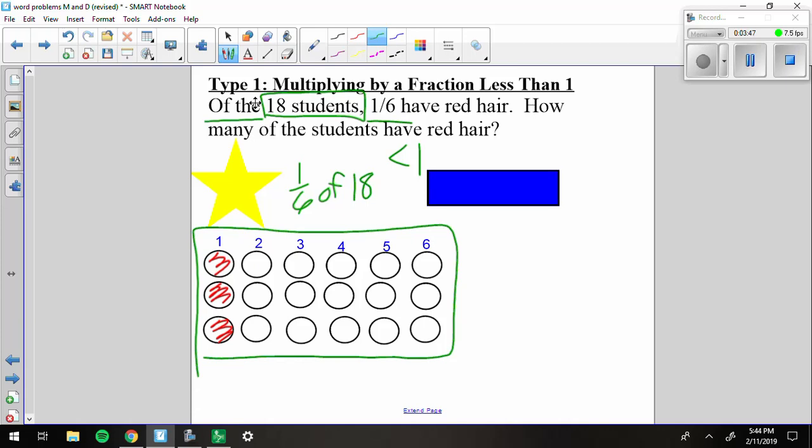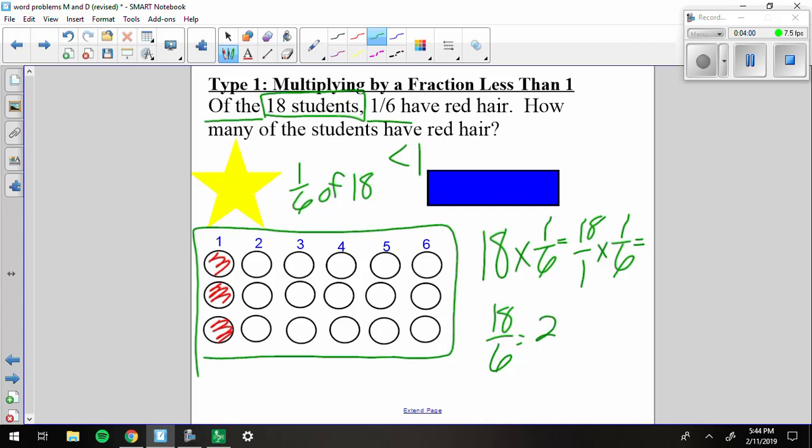Let's check. 18 students times 1/6 of them having red hair equals 18 over 1 times 1/6 equals 18 over 6 equals 3 students. Make sense? And again, we're looking for part of a total. Our total is 18 students. The part of that total that has red hair is 3 students.